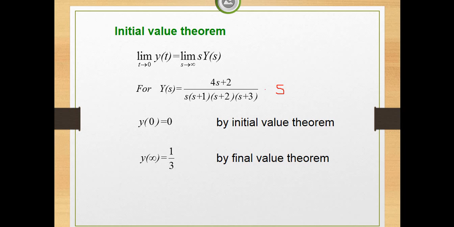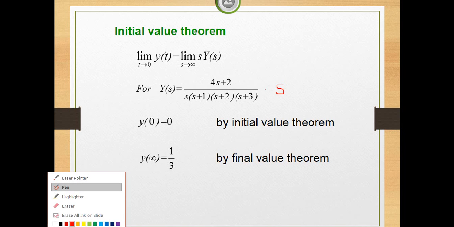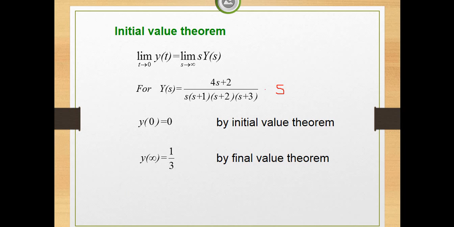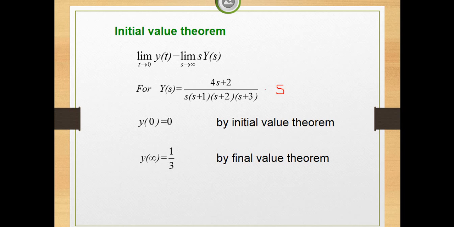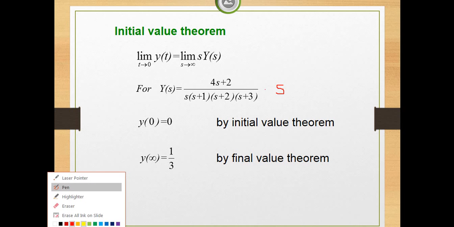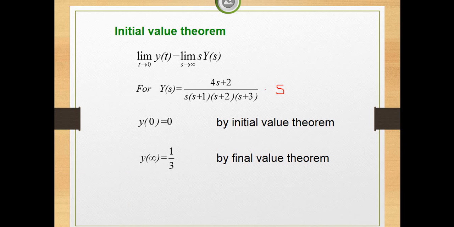Anyway, if you notice, if you multiply this function by s, that eliminates the s in the denominator, right? So if that eliminates the s in the denominator, we'll take that out. You will be left with to substitute 0 for the s here to get the final value. So if this is 0, 0, 0, this would be a 6. 1 times 2 times 3, that would be a 6, and this would be a 2. 2 over 6 is 1/3.